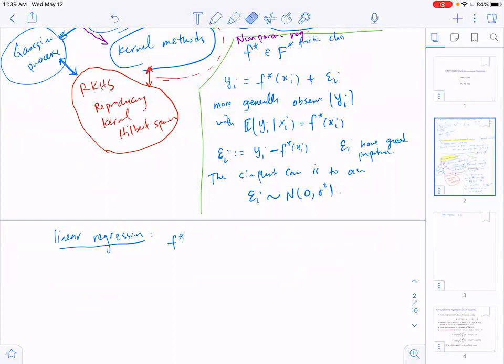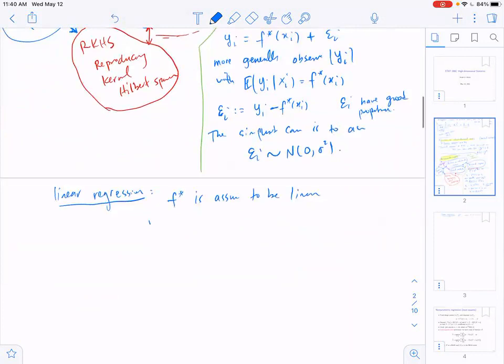So f star is assumed to be a linear function, or rather, f is assumed to be in the class of linear functions, or functionals if you want, functions on R^d. This is the set of all functions from R^d to R such that f is linear.